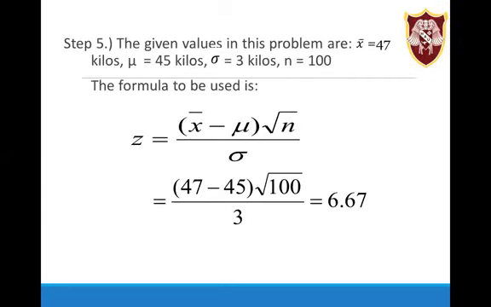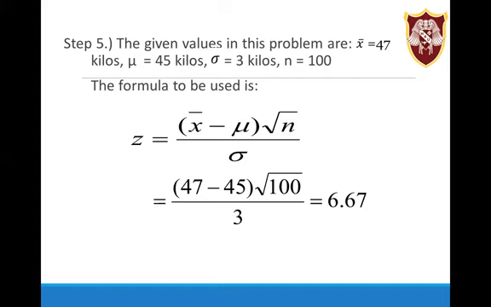So the given values in this problem are the sample mean weight, which is 47 kilos, and then the population mean is 45 kilos. The population standard deviation is 3 kilos. And we have a sample size of 100.